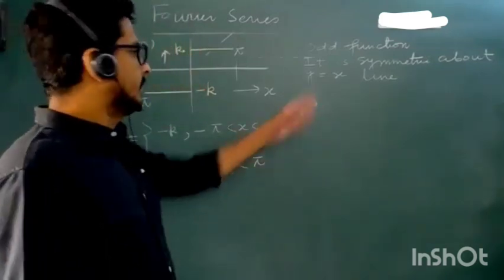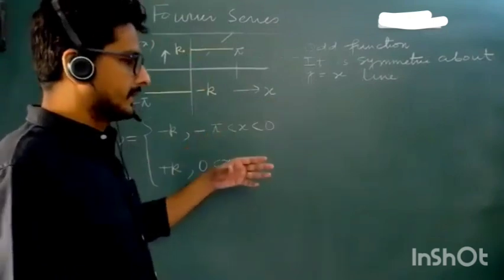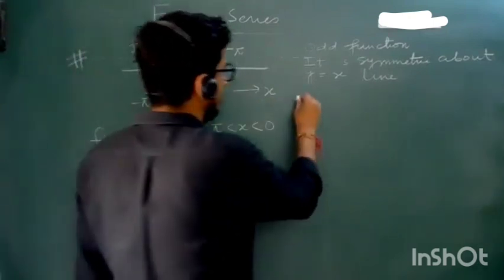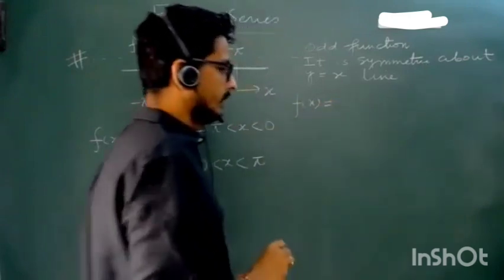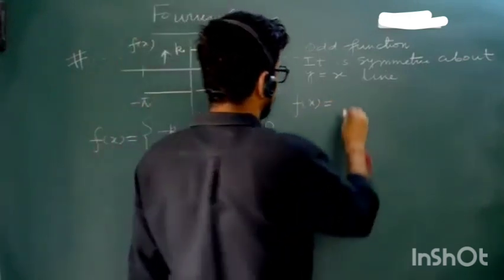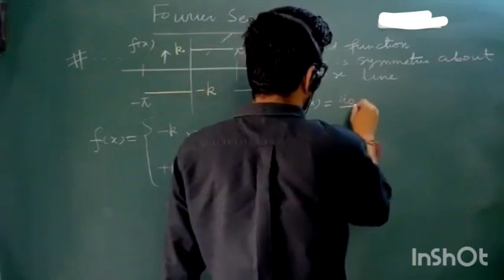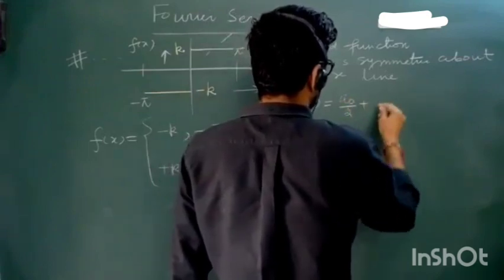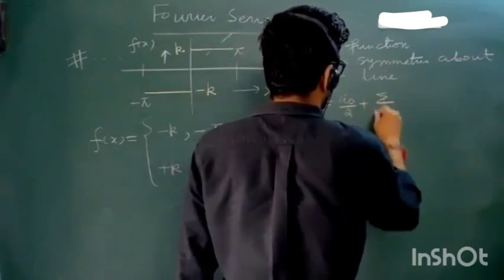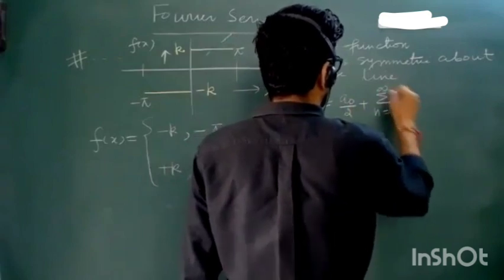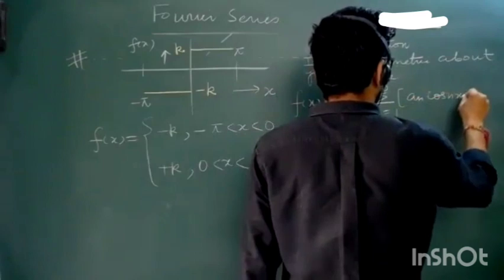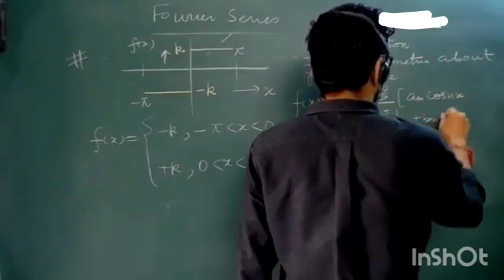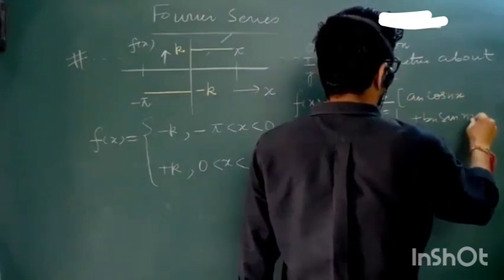सो मैं कह रहा हूं कि बिकॉज दीज आर ऑड फंक्शंस, सो व्हेन आई विल राइट दिस, f x is equal to a naught by 2 plus summation n is equal to 1 to infinity a n cos of nx plus b n sin of nx.